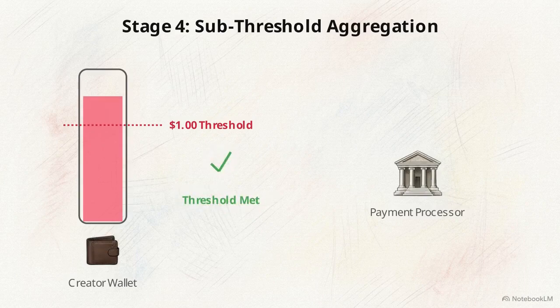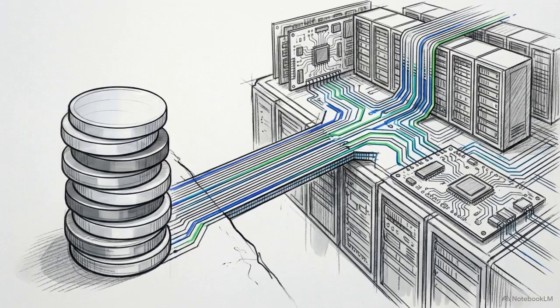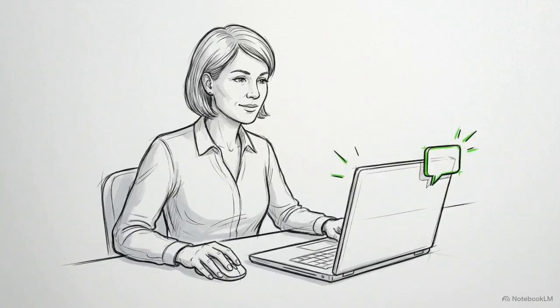Once subsequent pulls push the total over the threshold, the system initiates a single cost-effective transfer. This aggregation logic successfully bridges the gap between the microscopic value of a single AI context pull and the fixed costs of global financial rails, making micropayments economically viable for individual creators.